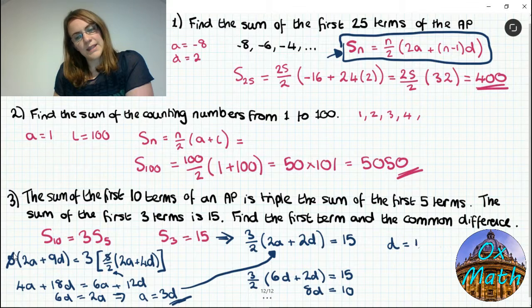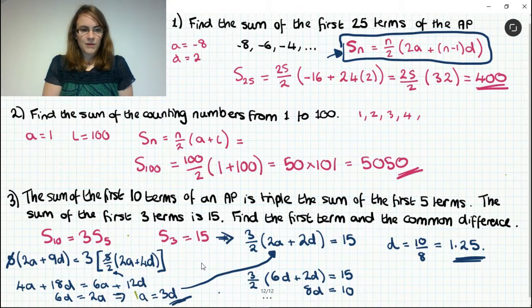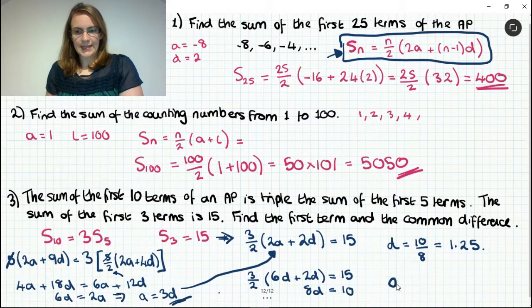So d is 10 over 8, which is 1.25. Now remember, we have already found a relationship for a in terms of d, which is the relationship down here that a is equal to 3d. So we can now use that to find a. So now I know d, which means that a is 3 times d, so 3.75. So our first term of this sequence would be 3.75, and our difference each time would be 1.25.